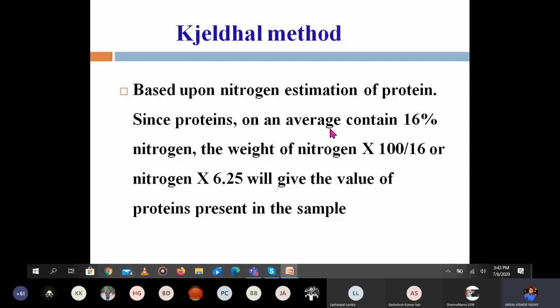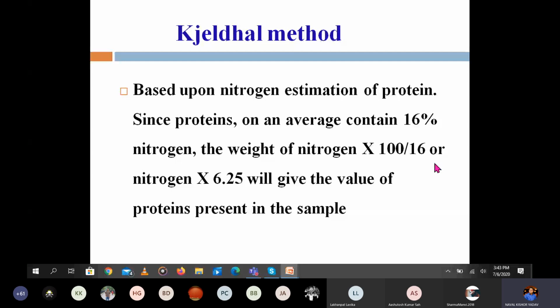So you can say the weight of nitrogen into 100 by 16, or directly nitrogen into 6.25, and that will give the value of protein in the given sample. So this is the principle of the Kjeldahl methods, based on the amount of nitrogen present in the proteins.